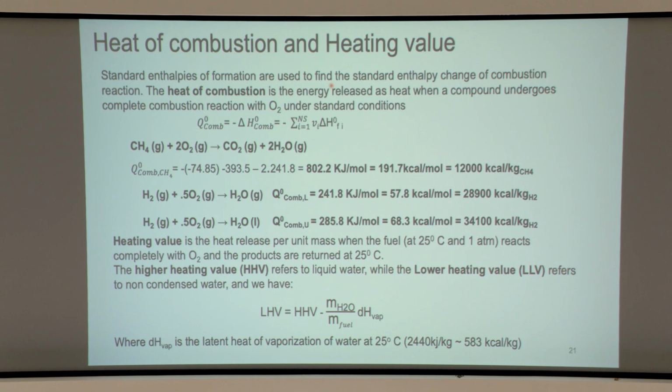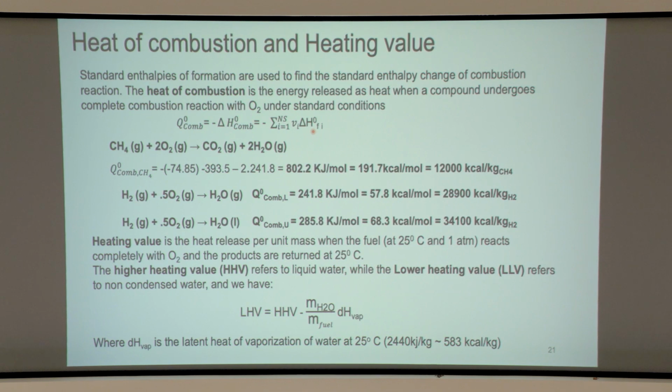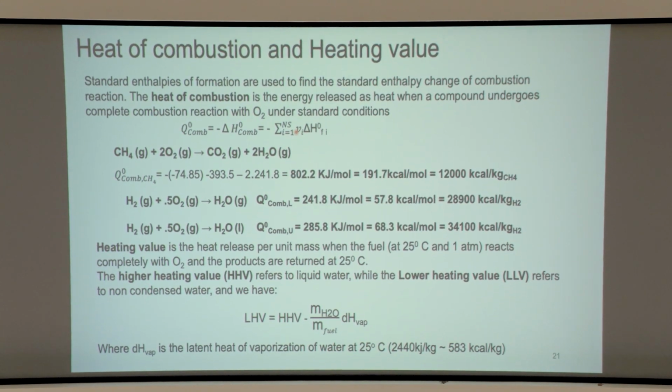The heat of combustion is the energy that's released when a compound undergoes complete oxidation, or complete reaction with oxygen, under standard conditions. Here we say Q combustion is also minus delta H combustion, and then we have minus delta H of the reaction, which is the stoichiometric coefficient of each species multiplied by the heat of formation of that species, all summed up.